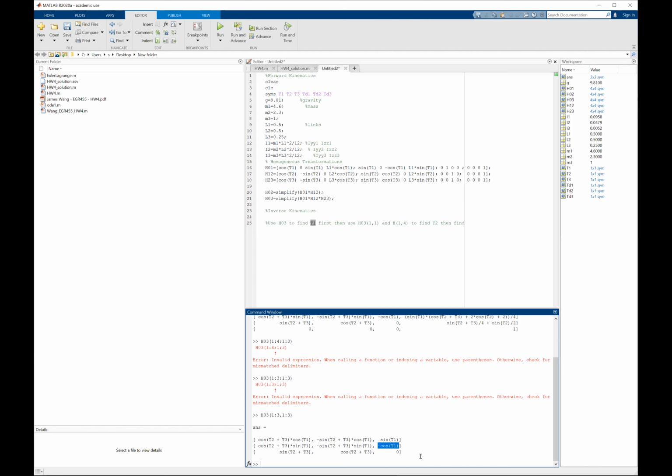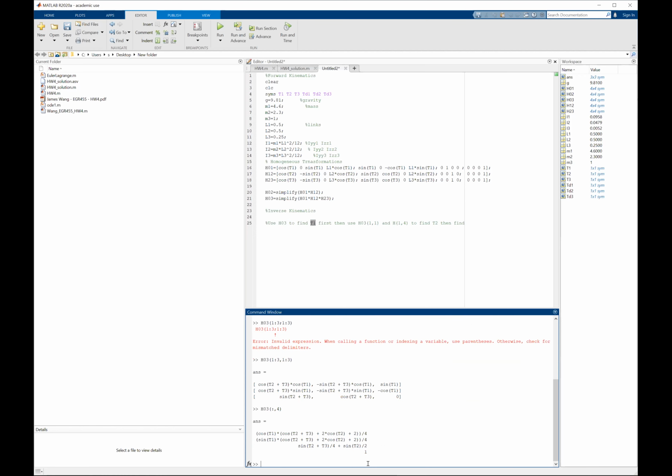Now, the next thing is, I want you to look at the last column of H03, all rows, fourth column.